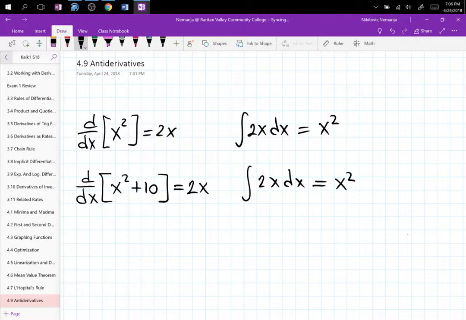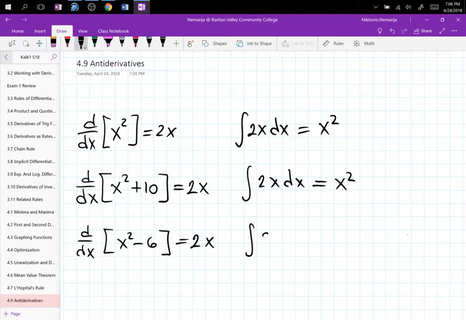It kind of worked for the first one, but it didn't work for the second one. Even if you take the derivative of x squared minus 6, it's still going to be 2x, and the integral of 2x dx is going to return x squared only. We can't extract these numbers.